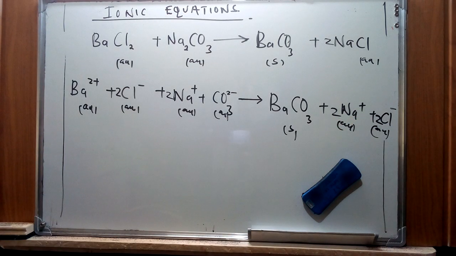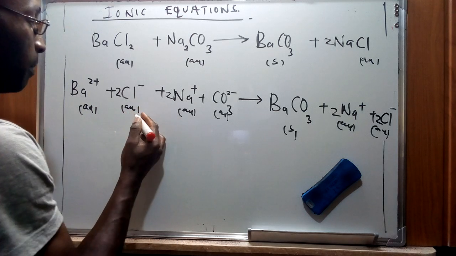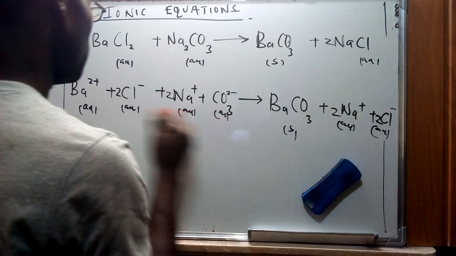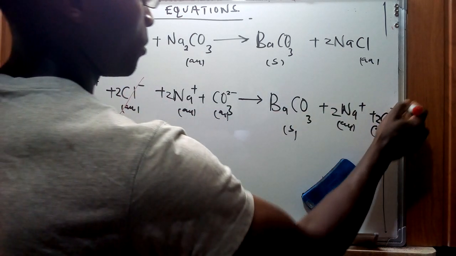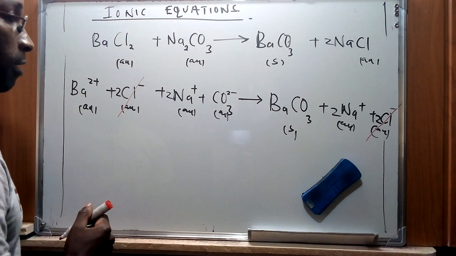So we're going to look at which ions have combined to form a product and which ones have remained just as what we refer to later as spectator ions, by looking at the reactant and the product side. Now in this case we are going to see that the chloride ions are present on the reactant and the product side. So we are going to consider that these have not changed.